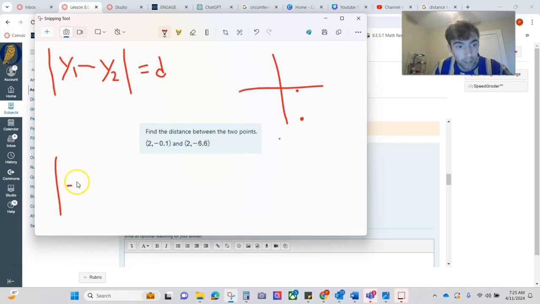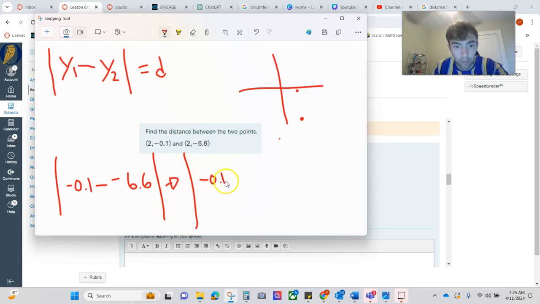Absolute value of negative 0.1 minus negative 6.6. Minusing a negative is the same as adding. So let's rewrite this: negative 0.1 plus 6.6, absolute value.